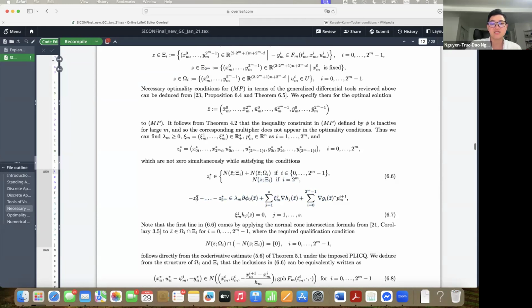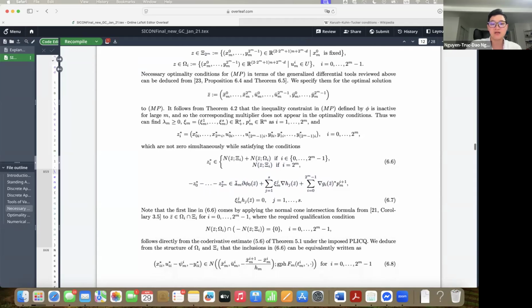We have negative z dot 0 minus z star 2 to the m-th belongs to, okay, so now let's see, this is the KKT condition here, because lambda here goes with the subdifferential of phi 0 of z bar, right? Plus, because for this function we don't know whether it is smooth or not, it is general, we use the subdifferential.